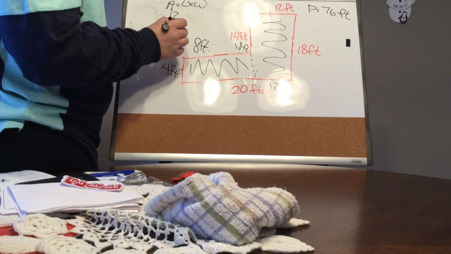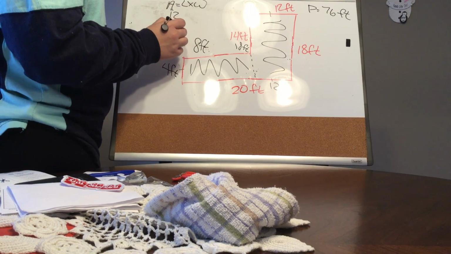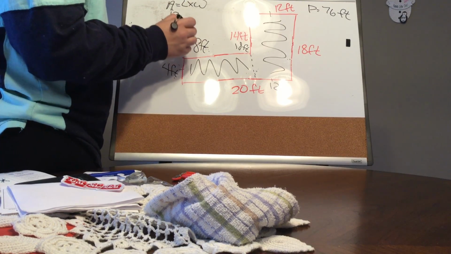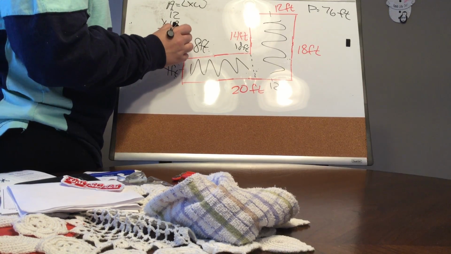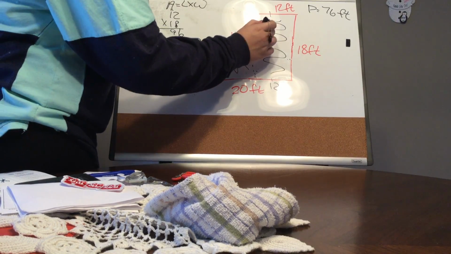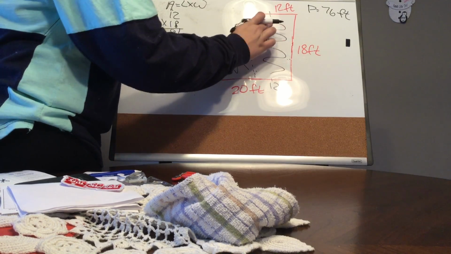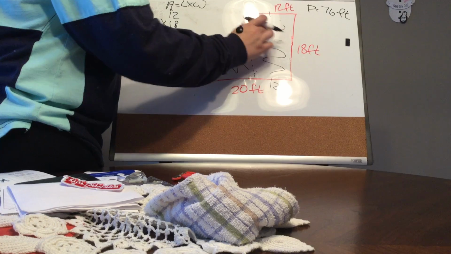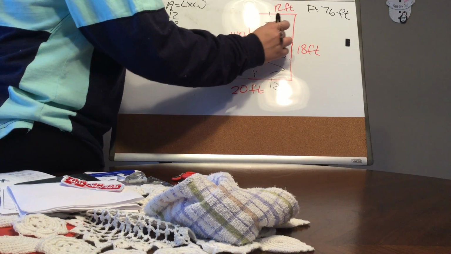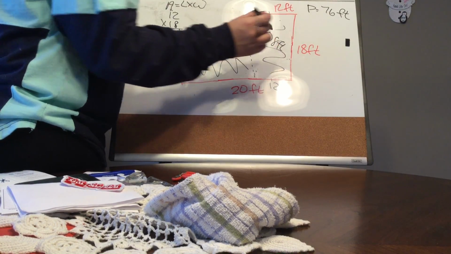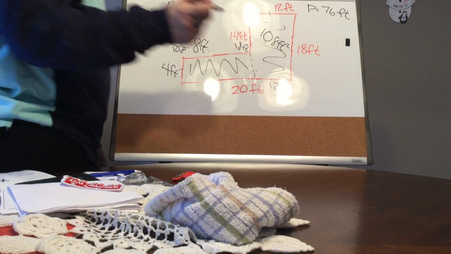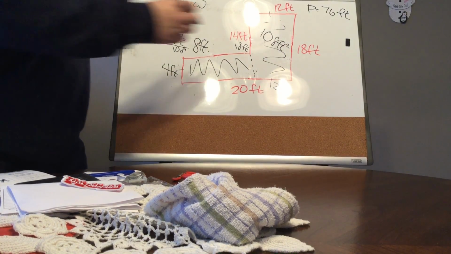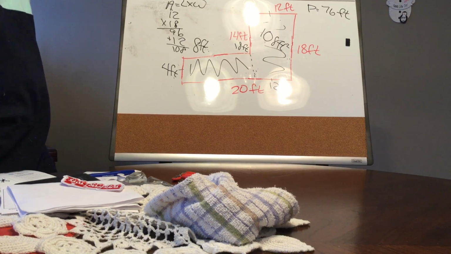Then 1 times 2 is 2, and then 1 times 1 is 1. So we're going to add those together to find that that is 100. Here, I'll go ahead and erase this. So that's 108 feet. And since this is area, we have to put our little squared. So it's 108 feet squared.